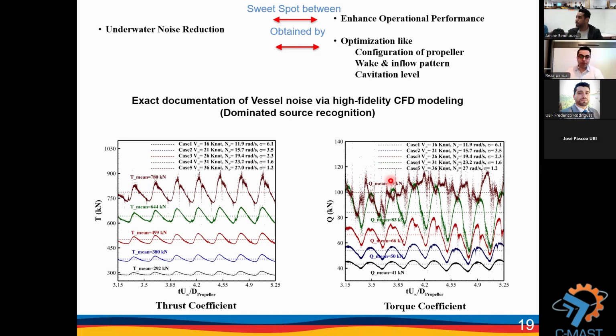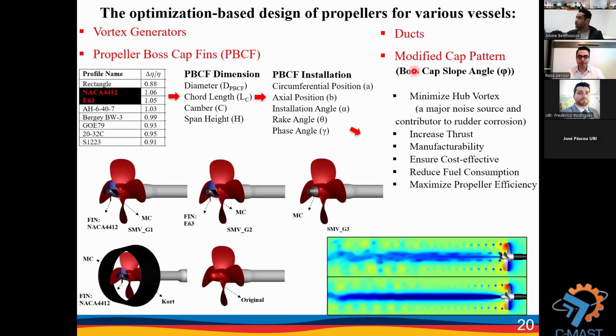It's very important because by optimizing the configuration of the propeller and the wake we analyzed in previous slides, and also decreasing the cavitation level, and finding the sweet point between these parameters and a minimum level of noise, we can produce a new design.